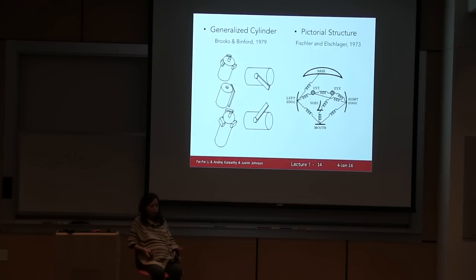That was a very influential visual recognition model in the 70s. And Rodney Brooks went on to become the director of MIT's AI lab, and he was also a founding member of the iRobot company, and Roomba and all this.